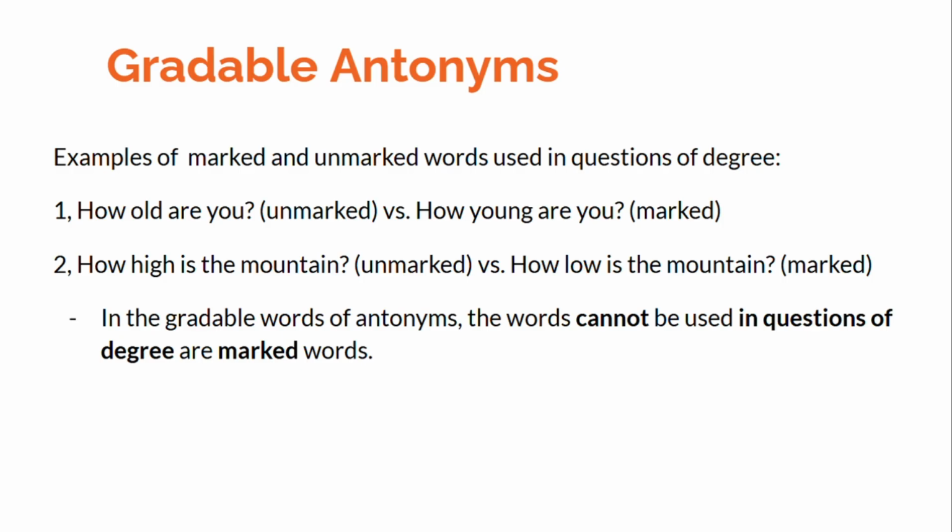So according to the definition of questions of degree, sentence 1, how high is the mountain, refers to the whole spectrum of the highness from the bottom to highest scale. So gradable antonyms like the word high is called unmarked, and gradable antonyms like the word low is called marked.